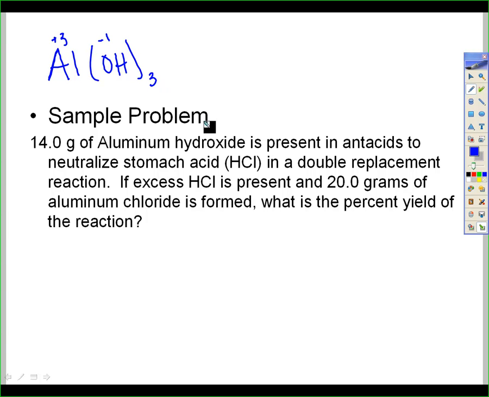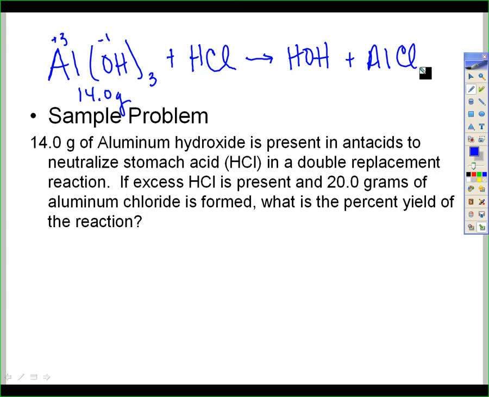So there's my aluminum hydroxide, 14 grams, and it reacts with stomach acid, which is hydrochloric acid, HCl. In a double replacement, I would get water, HOH, and aluminum chloride, which would be AlCl3. And to balance that, we're going to need a 3 here and a 3 here.